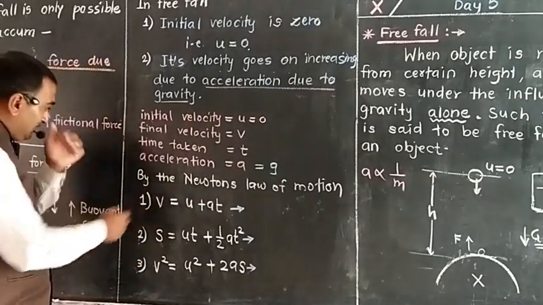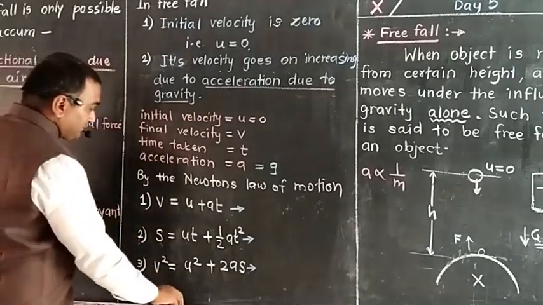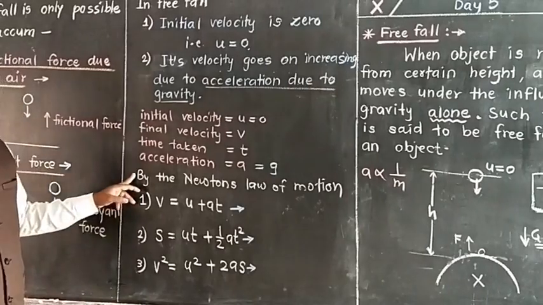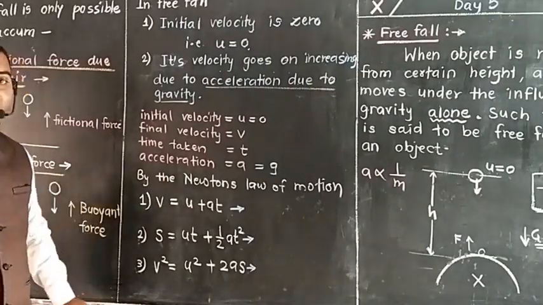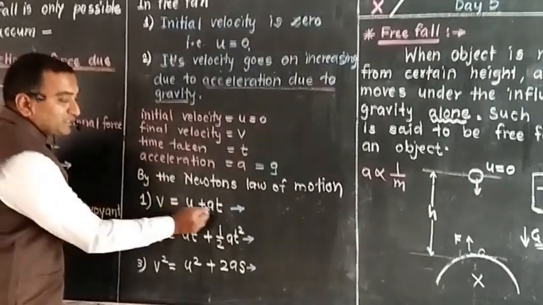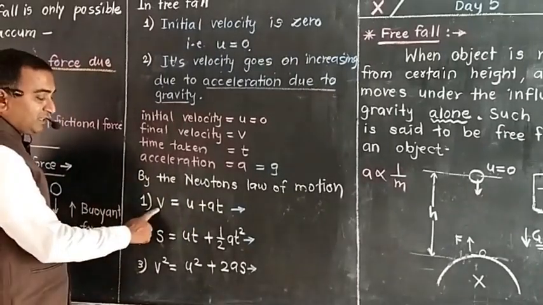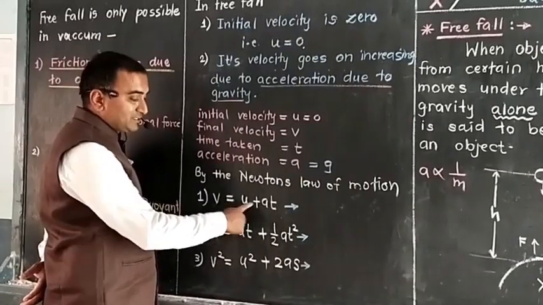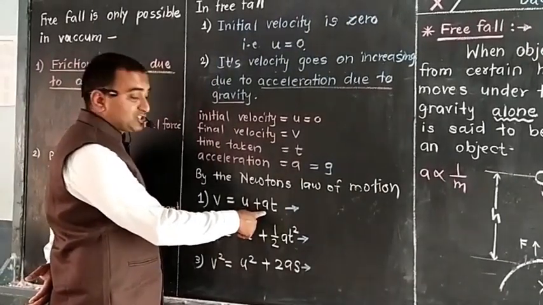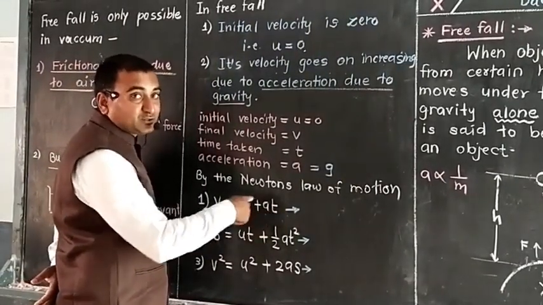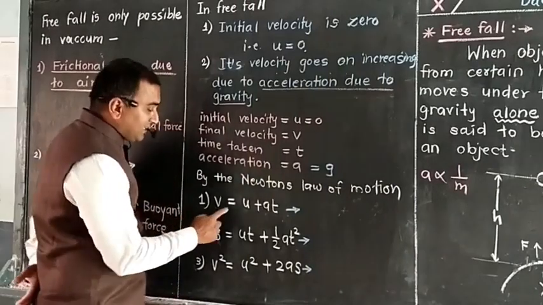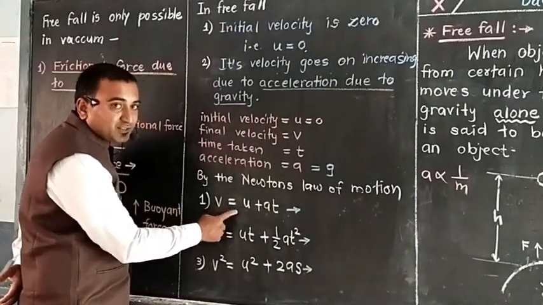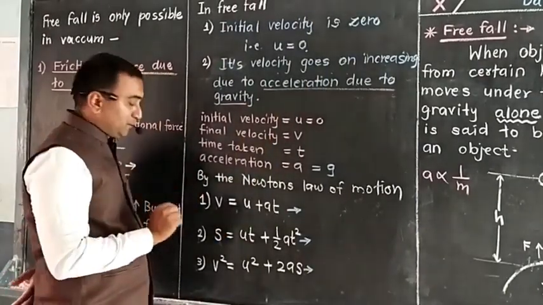We know that in the 9th standard we discussed the 3 equations of motion. What are they? v is equal to u plus at. Here v is final velocity, u initial velocity, a acceleration, t time taken to cover that distance. But see how this first equation changes in free fall.